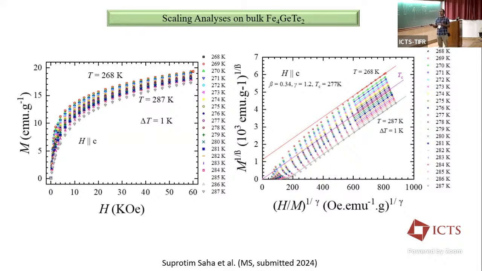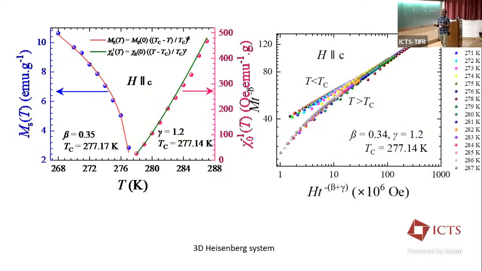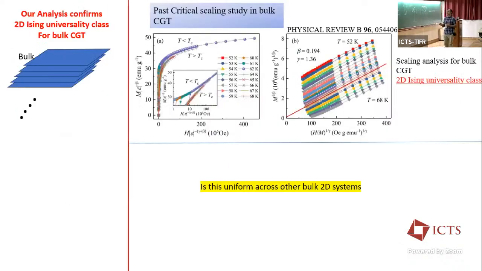We did the critical scaling analysis, and again the scaled curves appear beautifully in the system, but the critical scaling parameters are actually for 3D Heisenberg. So it's not uniform across the spectrum of these van der Waals magnetic systems. They might be 2D Ising-like, or they could be 3D Heisenberg systems. This is what we observe in these systems.